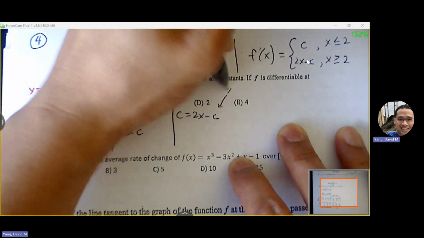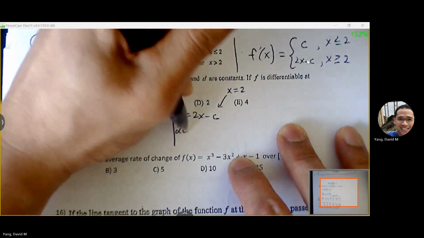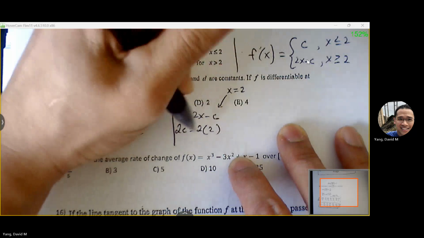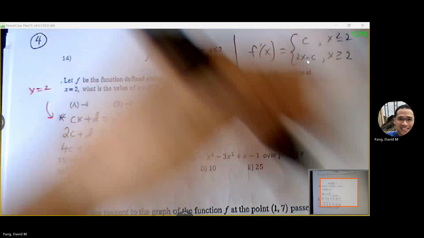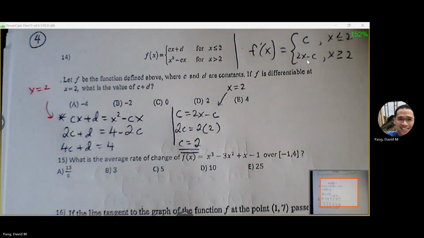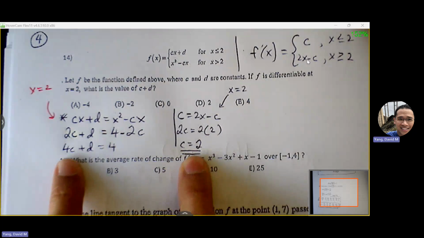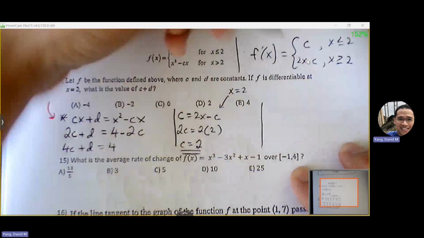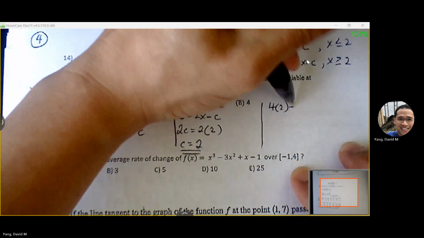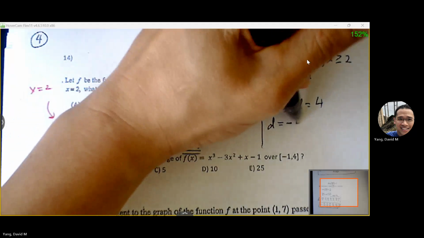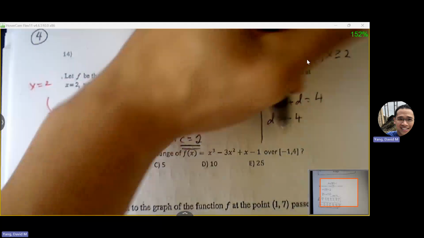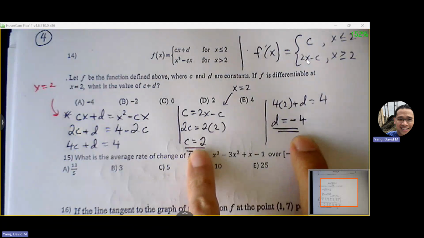Again, plug in 2 in for x. So here I can just solve for c. c should be equal to 2. And if I plug 2 in for c, I get 8 plus d equals -4. So now we have everything that we need. We have c is 2, d is -4. We add those together. c plus d is -2.